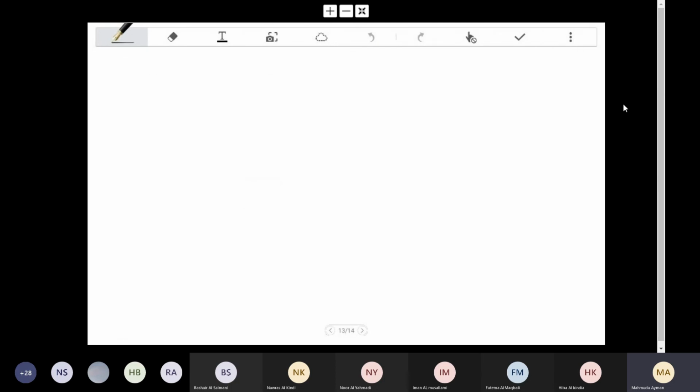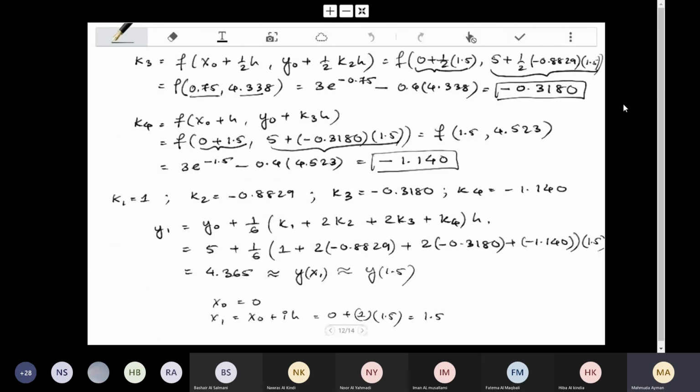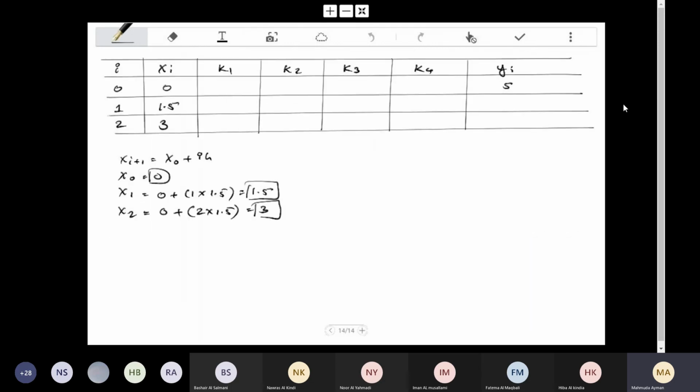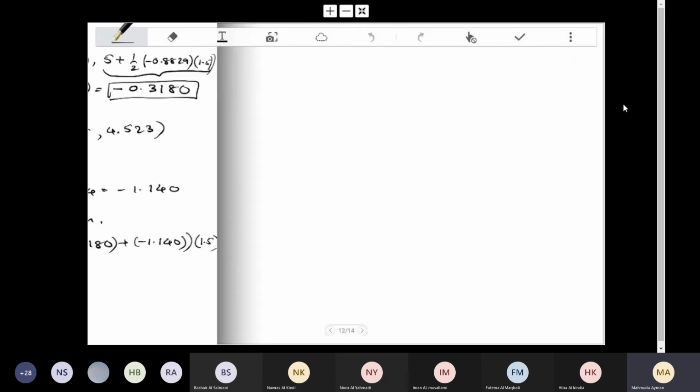Now we have got the values of k1 as 1, k2, k3, k4 here, and even y1. Let me write the values down now. So we have here 1, minus 0.8829, minus 0.3180, minus 1.140, and y1 is 4.365. Now let's go ahead and calculate k1.